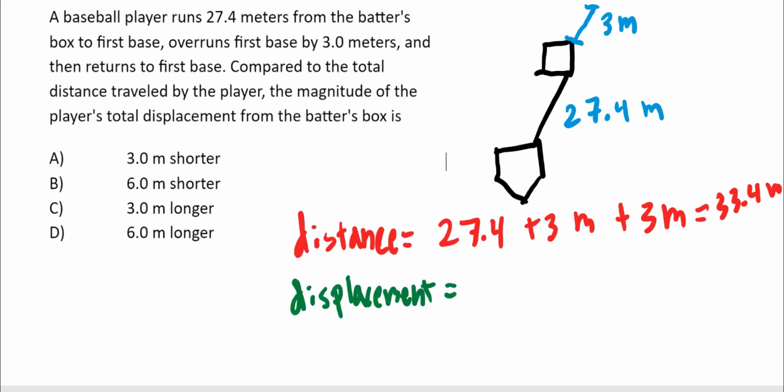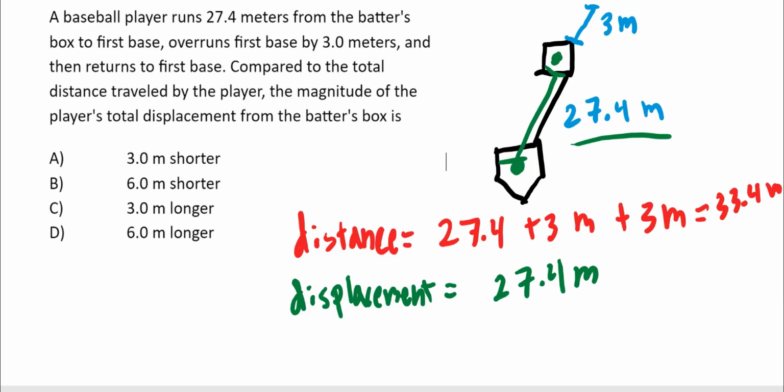If we're talking about displacement, we're talking about our frame of reference, or our starting point, which is home plate, and we end on first base. We don't care where we passed, only where we started and where we ended. We know the distance between these two is 27.4 meters. So displacement is just 27.4 meters.